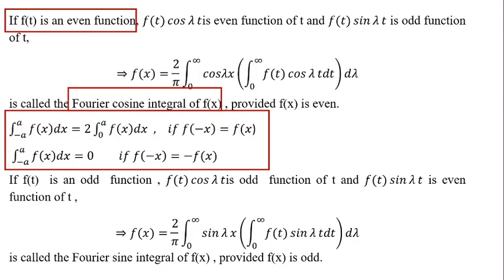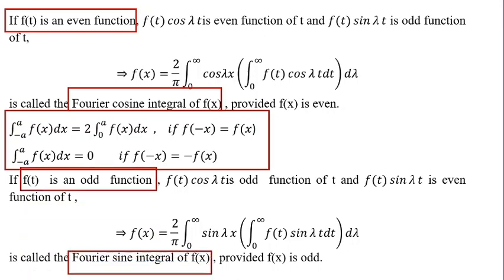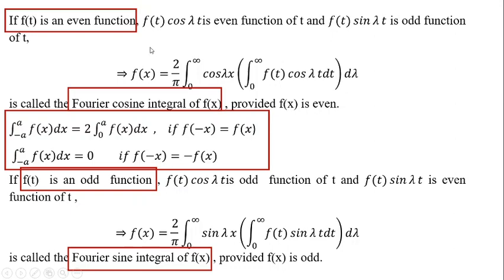Whereas the integral obtained when the function is odd is called the Fourier sine integral. So these two formulas are very important. This is called the Fourier cosine integral of f of x and this is called the Fourier sine integral of f of x. So the Fourier cosine integral is obtained when the function is even, whereas the Fourier sine integral is obtained when the function is odd. This one should be remembered.